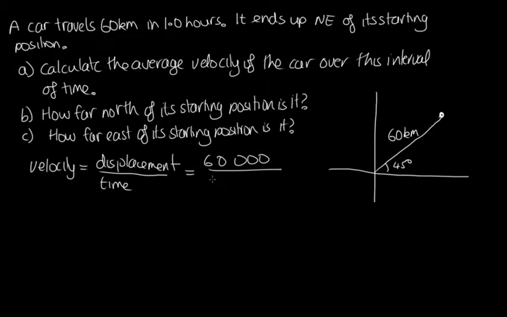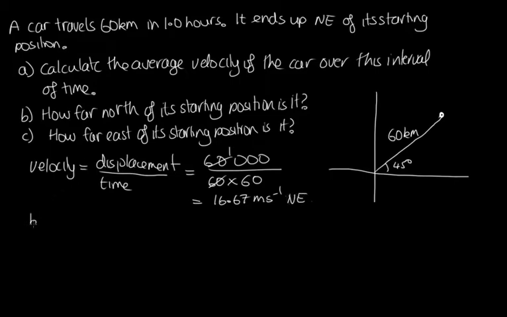So that's in 60 minutes and 60 seconds. And so these 60s cancel out. We end up with 1,000 up there, and that is equal to 16.67 meters per second. Now this is its average speed, but it's asked us for the average velocity, so we should give a direction for this, and the direction is northeast.